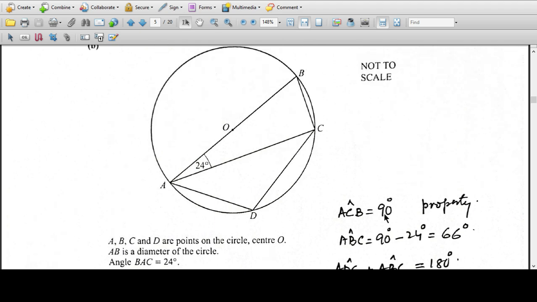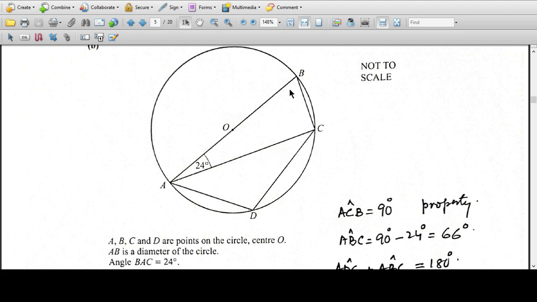Angle ACB is 90 degrees because of the properties. If the diameter is passing through this line, then the remaining triangle will always have a 90 degree angle. So this angle will always be 90 degrees.